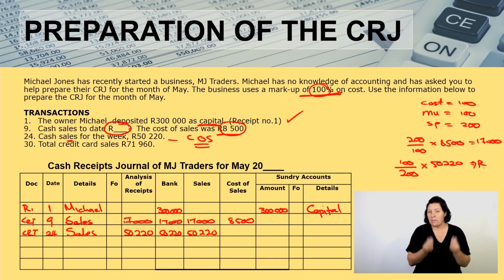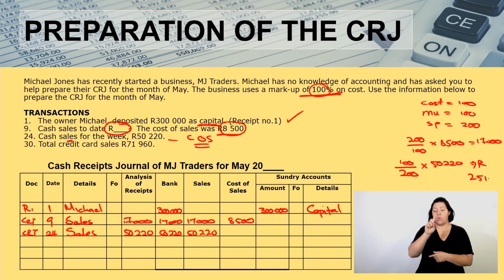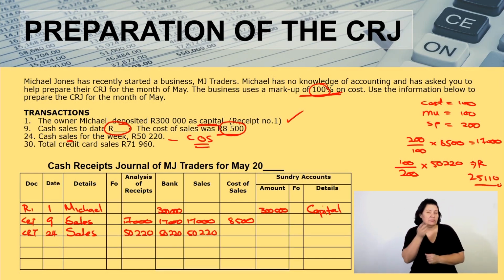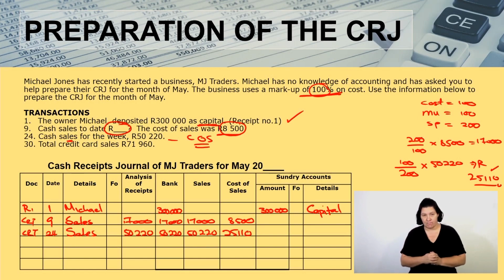How much do you get? Someone is saying, Mr. Simbi, I have 25,110. Please check if you're getting the same figure on your calculator, 25,110. Thank you. So that means I'm going to come here and I'm going to have my cost of sales, 25,110.